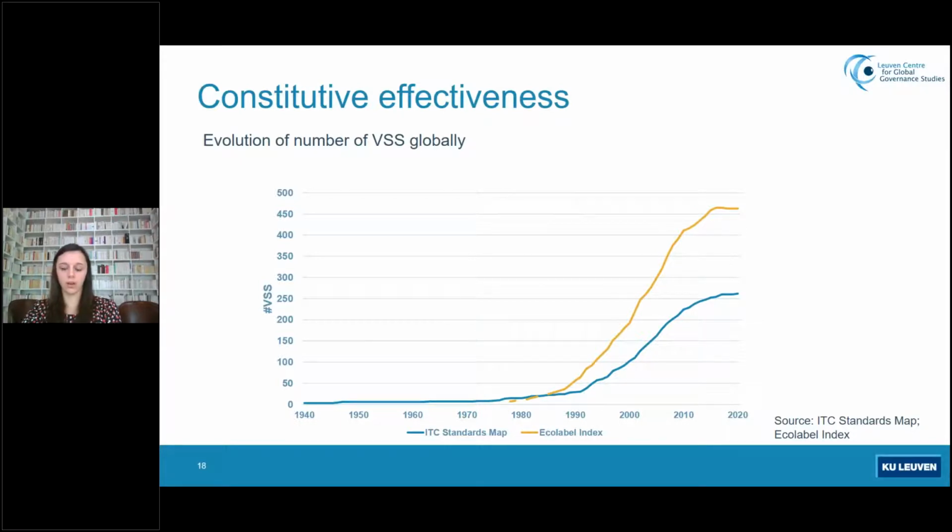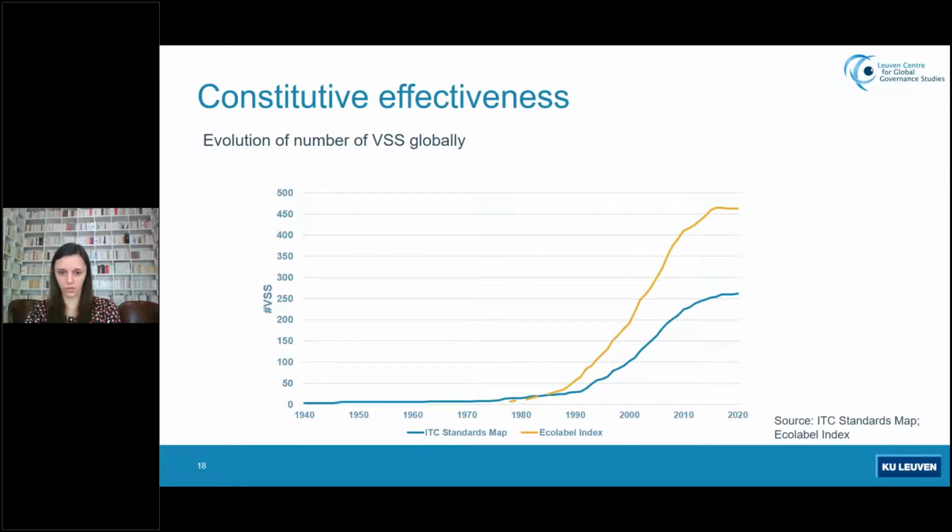So as I said earlier, VSS really flourished in the 90s for the reasons I explained. And we can see on the graph here the increase in the number of VSS in the 90s, and that this growth continues until the mid 2010s. And then it started to stagnate a little bit.